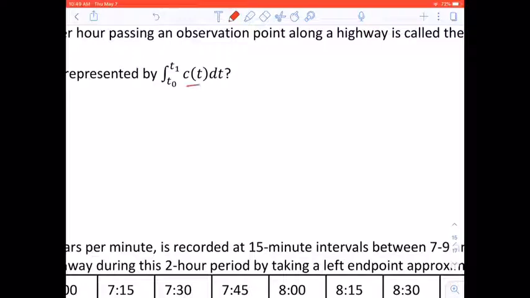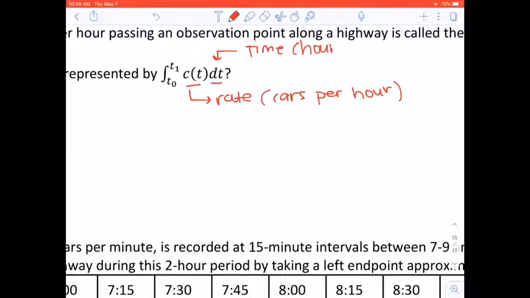So we have C of t and we have dt. So C of t, they said, is the rate. And this is cars per hour. And then dt up here is the change in time. This is our time. And we're measuring time in hours.